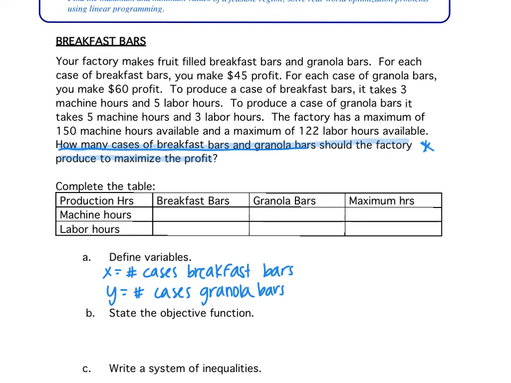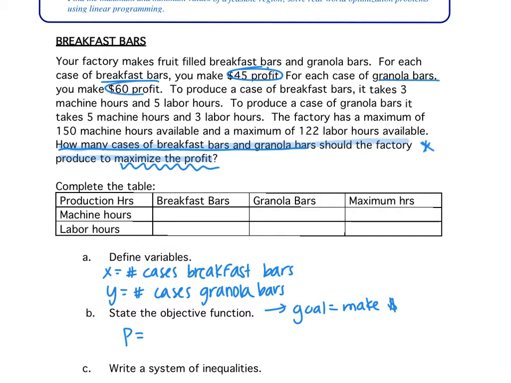So then we need to state our objective function. So we got to ask ourselves, what are we looking for? Like, what is our objective? What is our goal if we're the person who owns this factory? Well, our goal in this case is to make money, of course. We want to make the most amount of money. And we can see that in the question. We are trying to maximize our profit. So our objective function has to do with our profit. Now we see in the question, breakfast bars will make us $45.